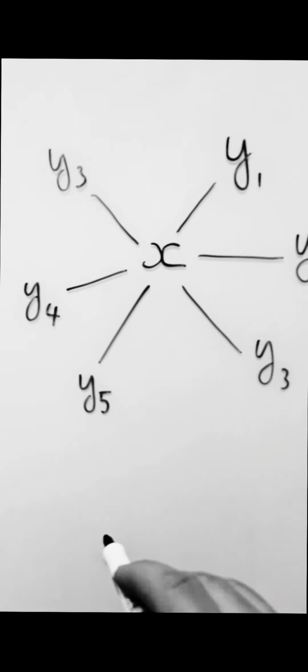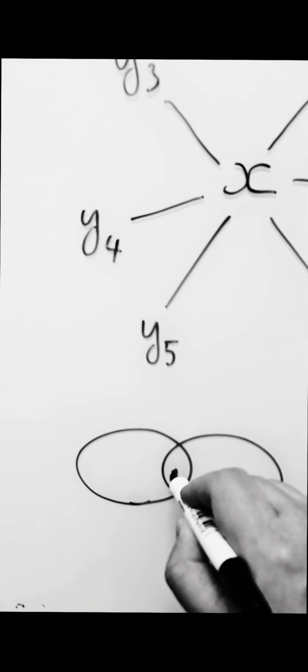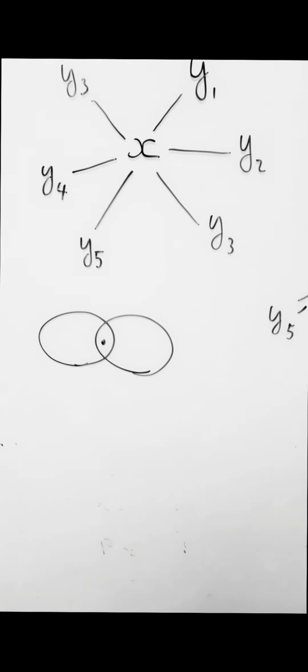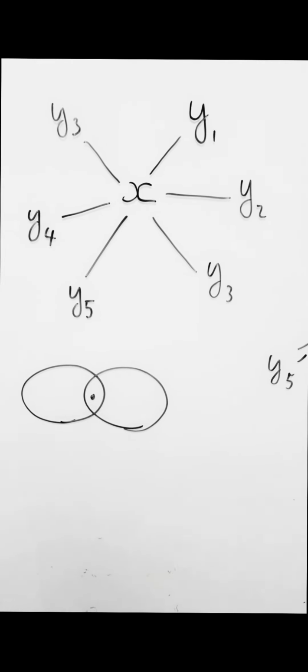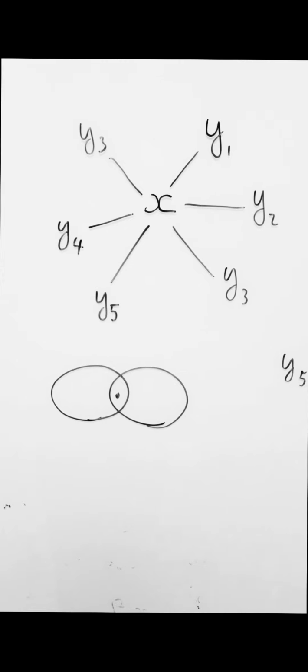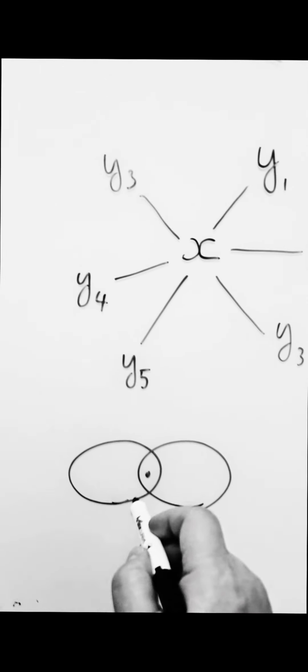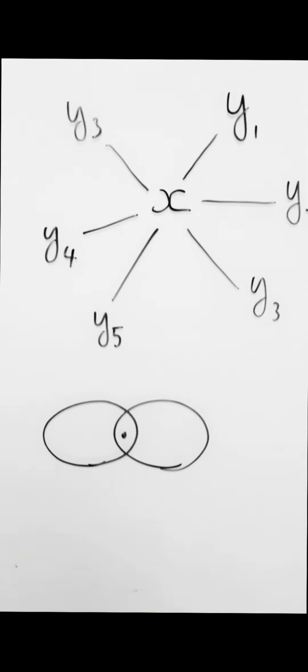This is because if there is an overlap, that means that there is a single point that belongs to two different elements of the partition, which is not possible because by definition of a partition, every element of capital X must belong to exactly one element of the partition, not two of them, such as in a picture like this.